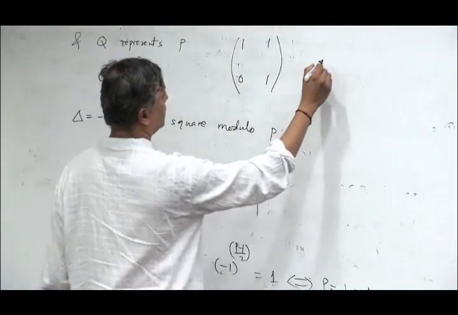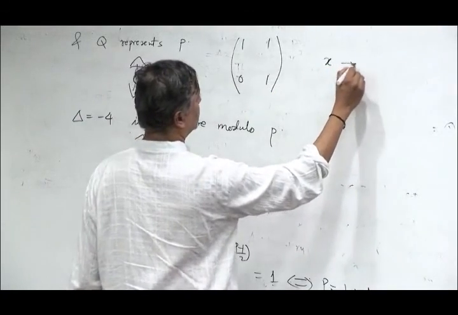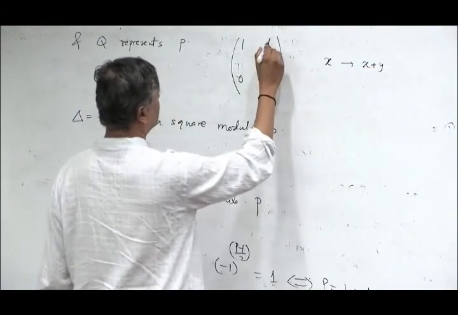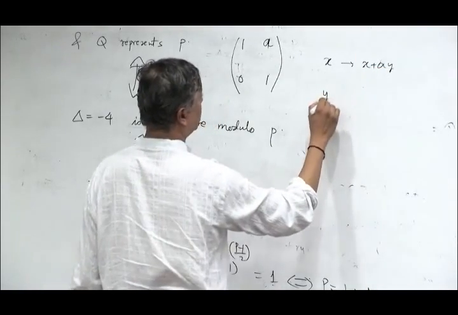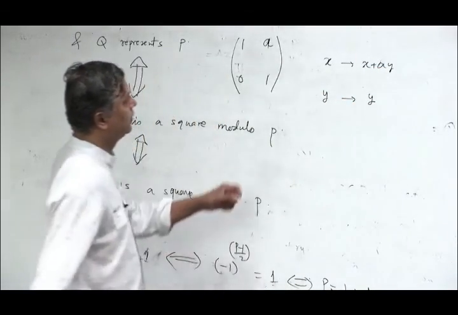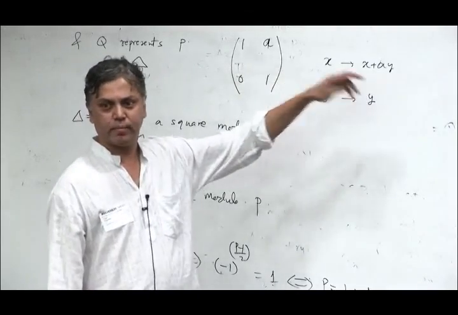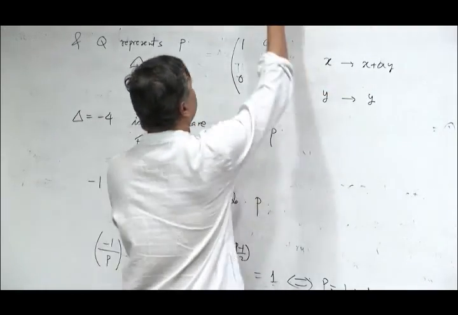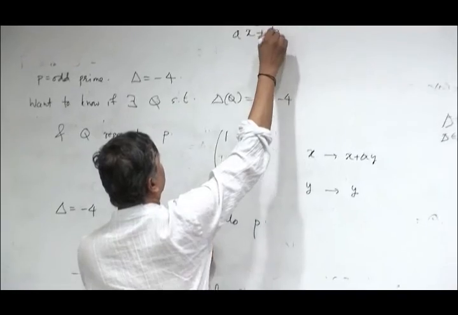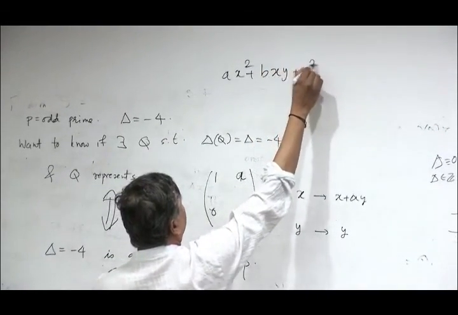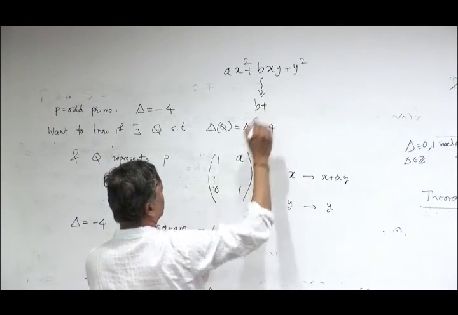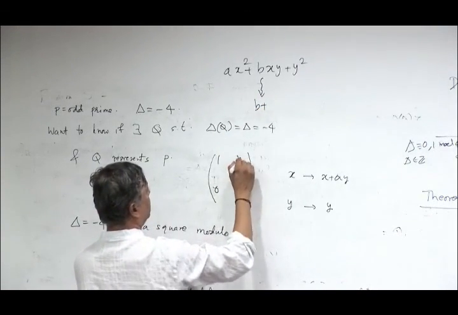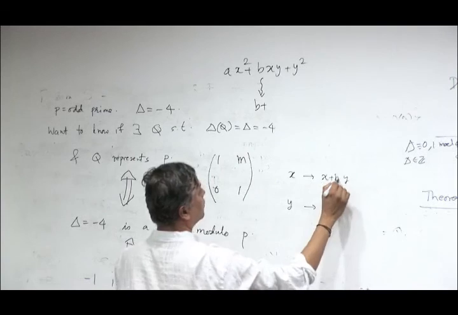If I take this matrix, what does it do? It takes x and sends x to x plus y. In general, if I put an M here, it will send x to x plus My, and it sends y to y. It doesn't change it. It's really a translation. If you apply it to the corresponding form, it takes B to B plus that, sorry, I should put an M here, clash of notation.